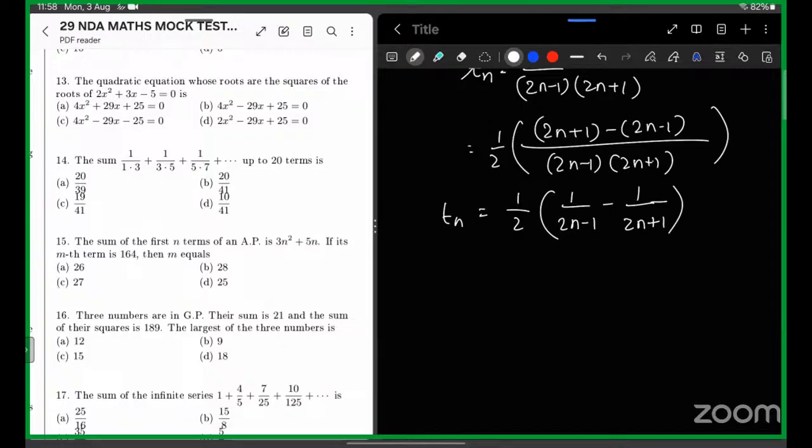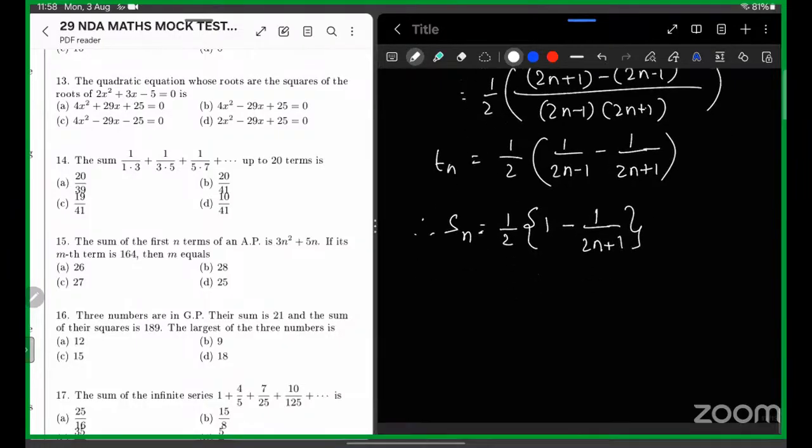When you will add all the tnth terms starting from 1 upon 1 into 3 till this 20th term, what you are going to get? Summation of n terms will be equal to 1 by 2 common from all, and you will be getting the first term 1 upon 1 only minus this last term 1 upon 2n plus 1, like this.